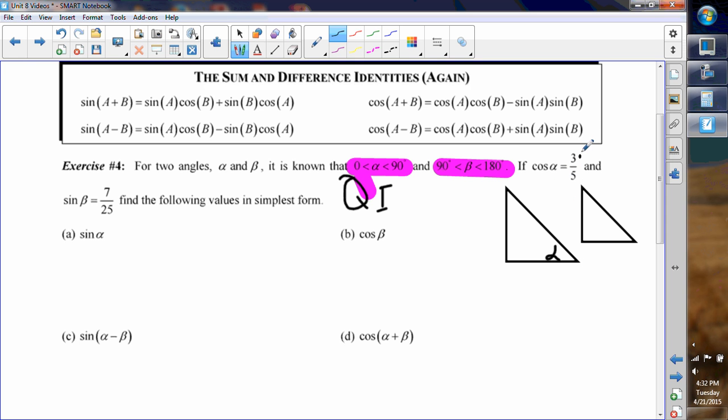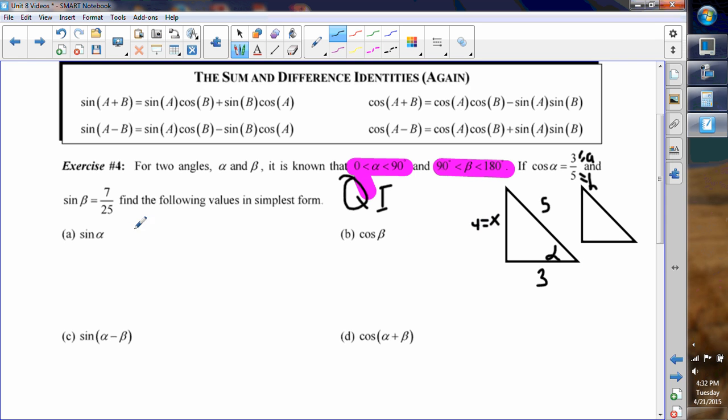That means that we're talking about the adjacent over the hypotenuse. So 3 is adjacent, 5 is hypotenuse. Spend a moment. You can pause the video if you want. Use the Pythagorean identity to get x. You should get 4.